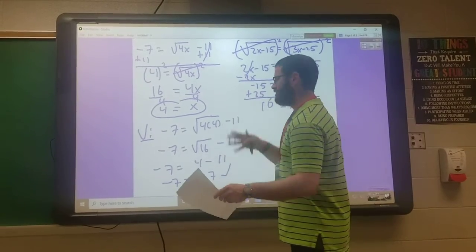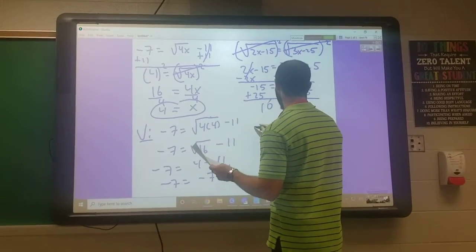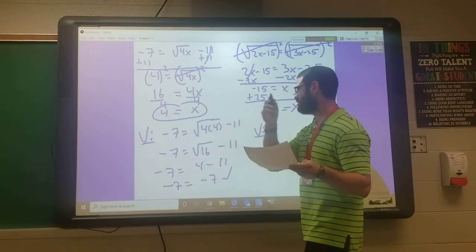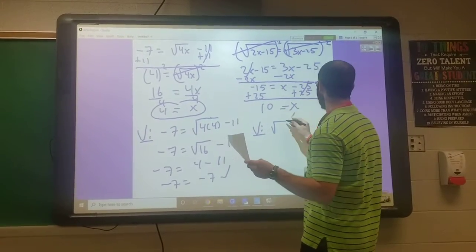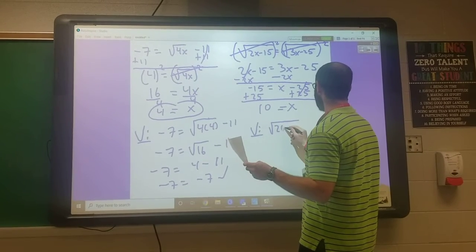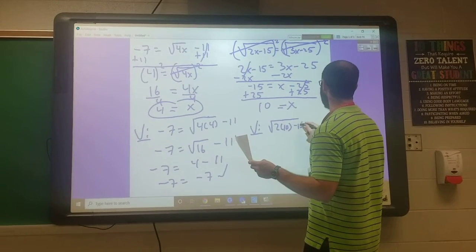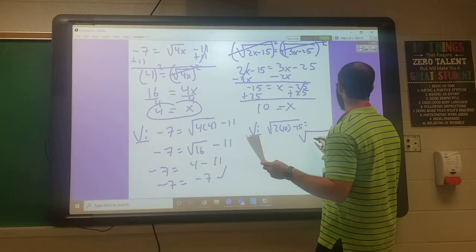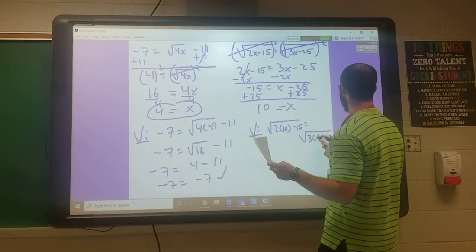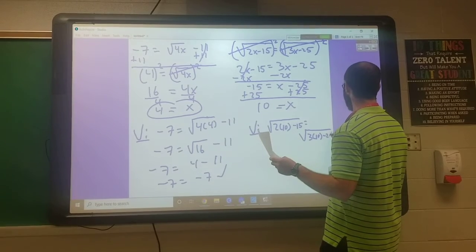We need to go ahead and check and verify that that is the correct solution for the equation. So I'm going to plug in 10 wherever I see x in the original equation. So square root of 2 times 10 minus 15, is that equal to square root of 3 times 10 minus 25?